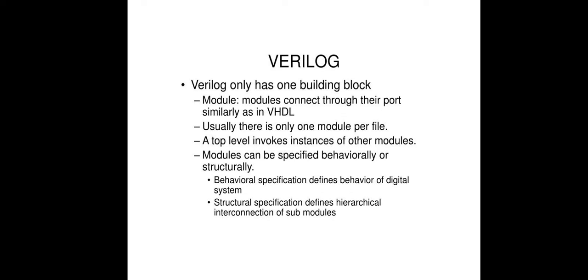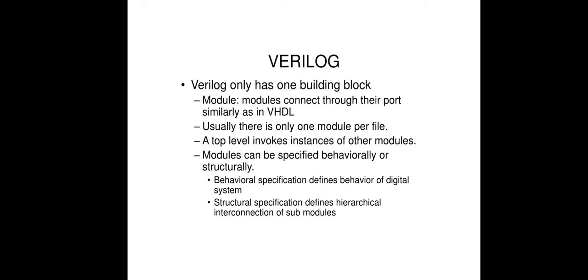Now next, Verilog. Verilog has only one building block of the system, the module. It has ports. That means we select the inputs, select lines and outputs. In VHDL form, there is only one module per file.